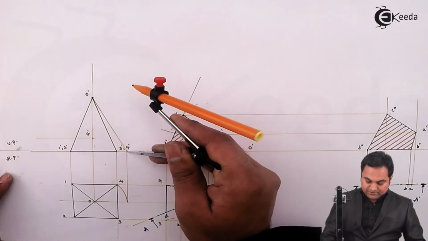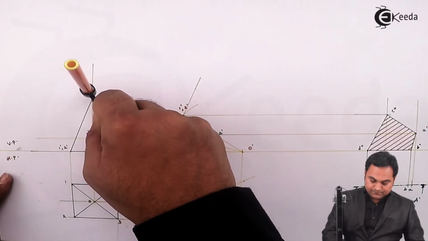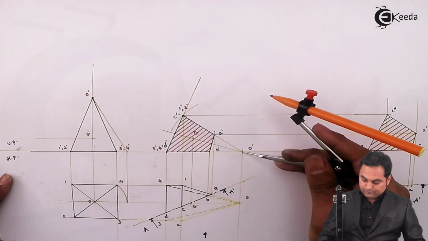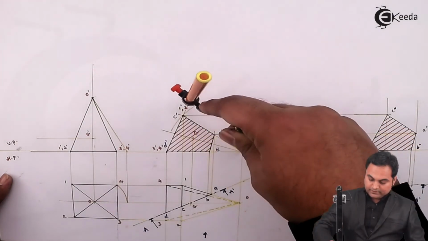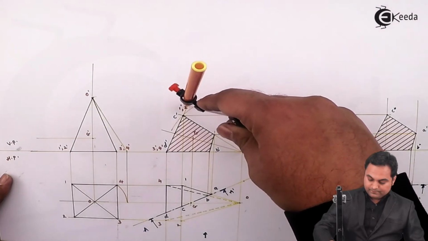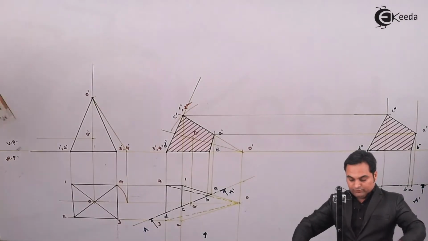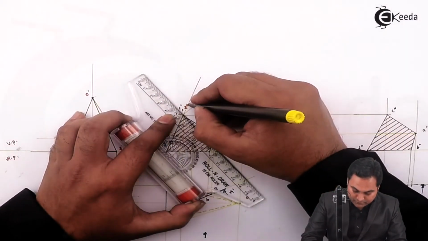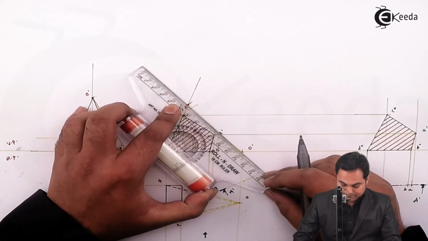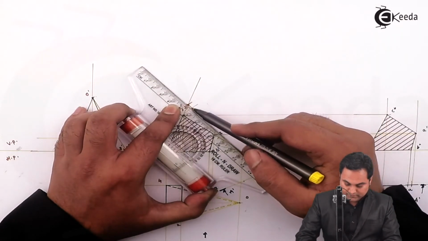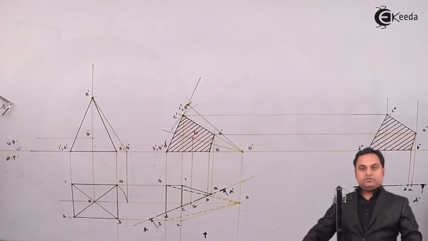So if I measure this slant edge, the true length, I can cut this line in order to get the true length of the slant edge. So this is the point, and here we get the true length of the slant edge.